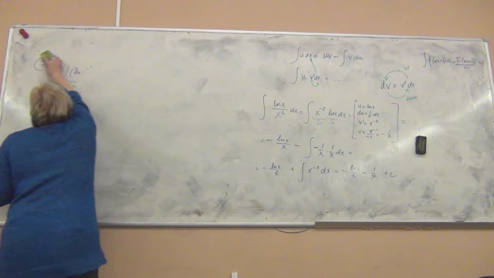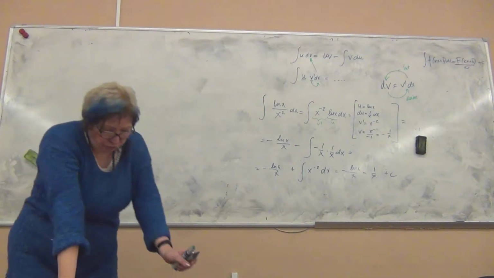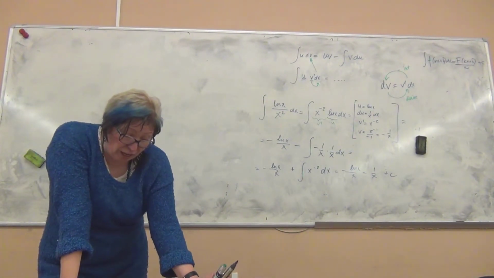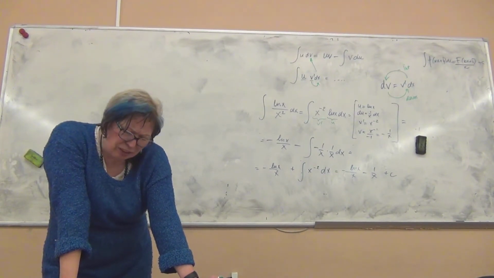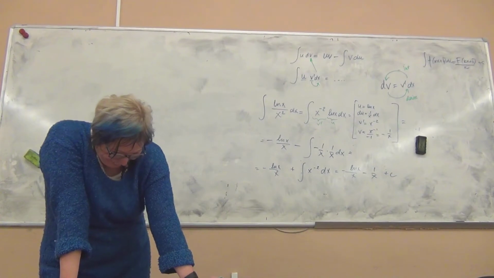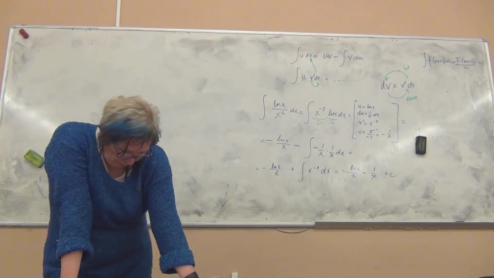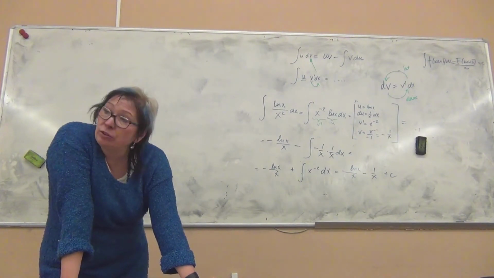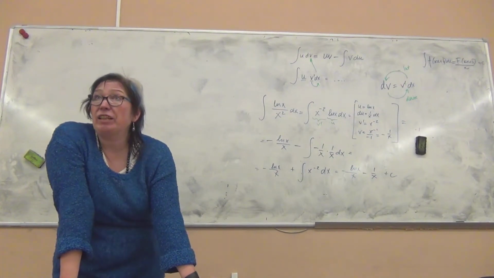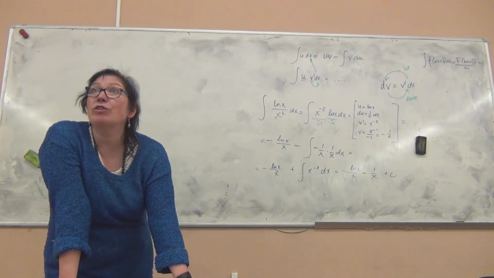18. 18? Yeah. Which one? 18. For you? 18 is, well, 18 is simple. Cosine divided by sine is cotangent. But the derivative of cotangent is 1 over sine squared.